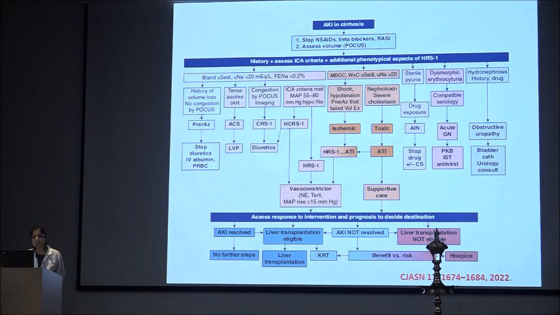If there is tense ascites, we should go for large volume paracentesis. If there is cardiorenal syndrome, we should give diuretics. HRS we have already discussed. And then we assess the response to intervention and prognosis to decide eligibility for liver transplant.